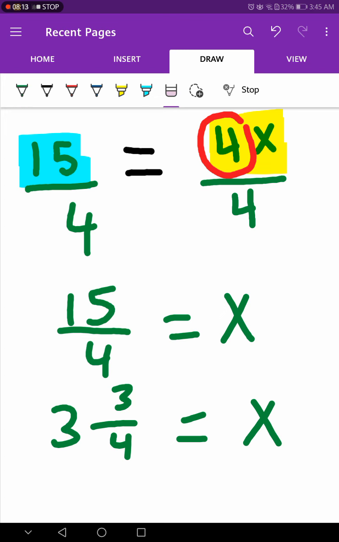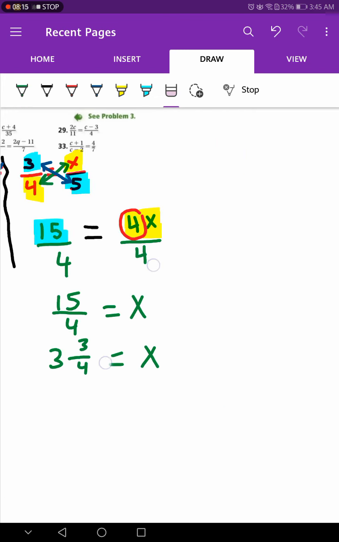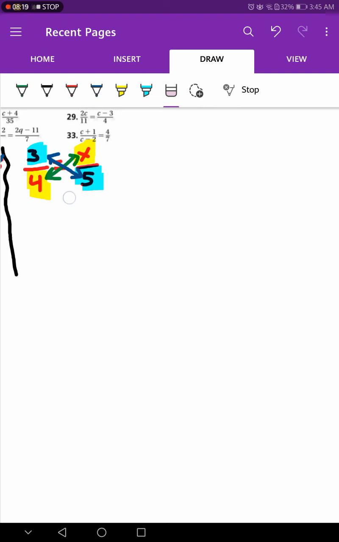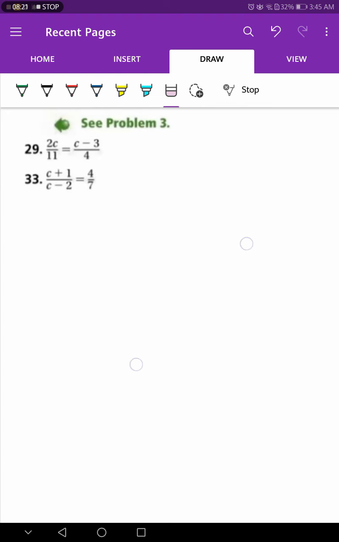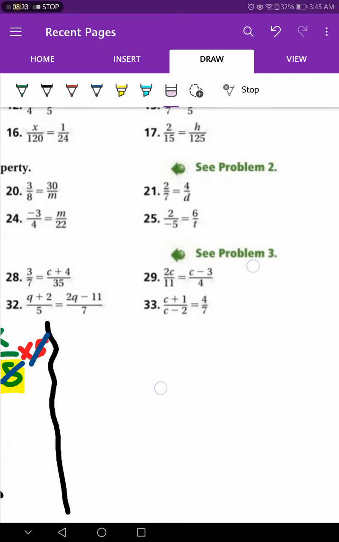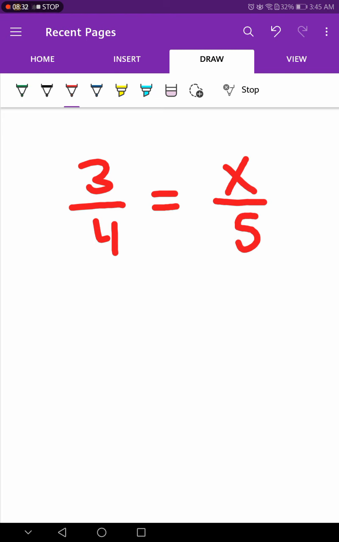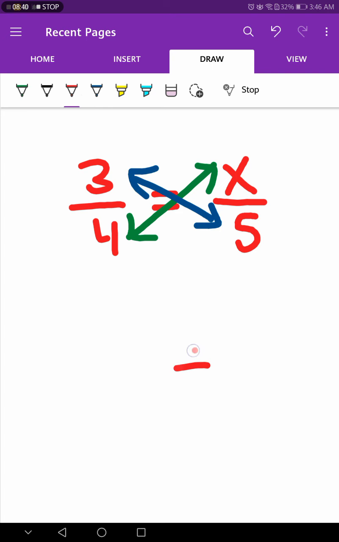Can you repeat, teacher? Yes, I can repeat this method in the same question, and take one more example. Okay, my dear student, don't get confused. It is 3 over 4 equal x over 5. So we do the cross, and we draw the left and the right.